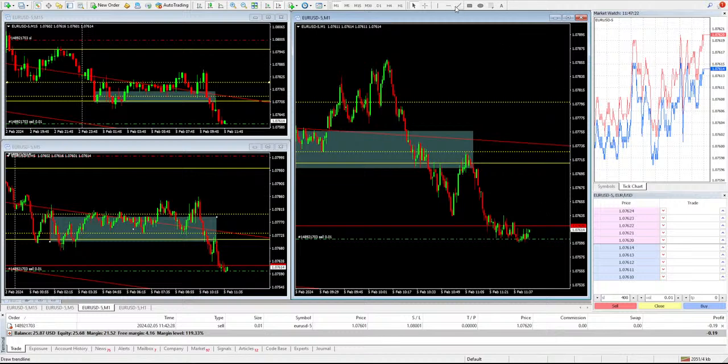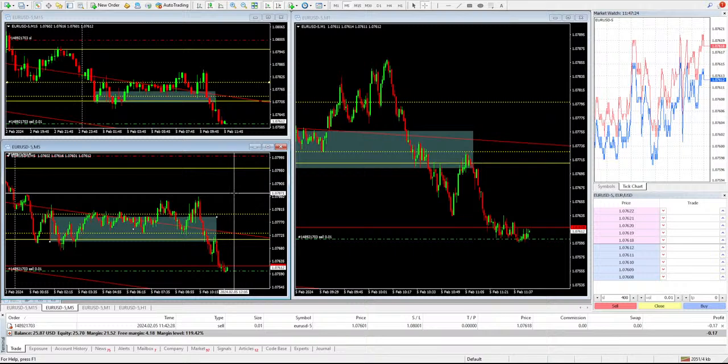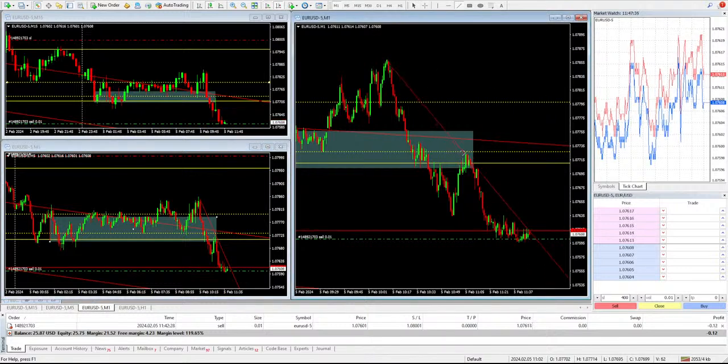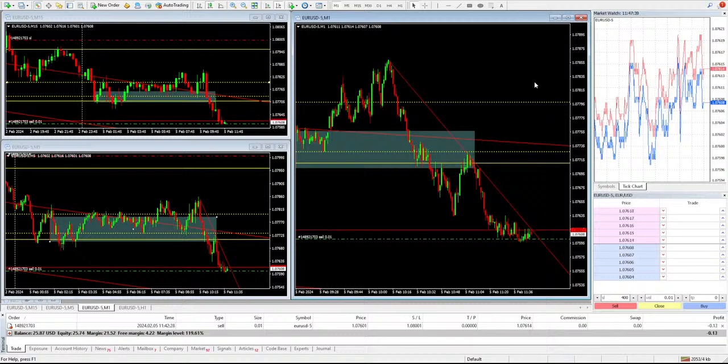We do have the trend line too. Coming off the top. So we're lined up with that right now. Just draw it on there.